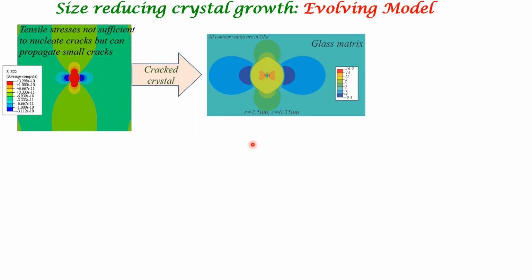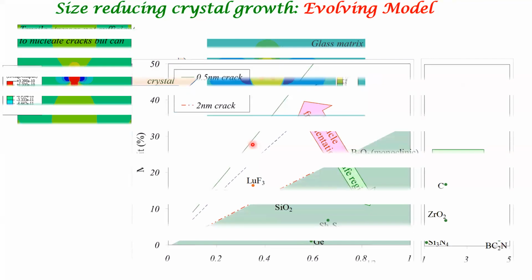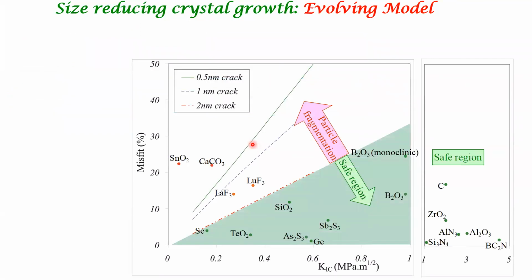A lot more work has to be done, but we developed a first generation model involving finite element analysis of mechanical stresses, and we were able to come up with a phase map involving three parameters. One involves misfit strain between different native and non-native phases.